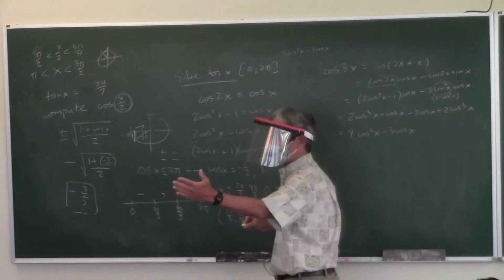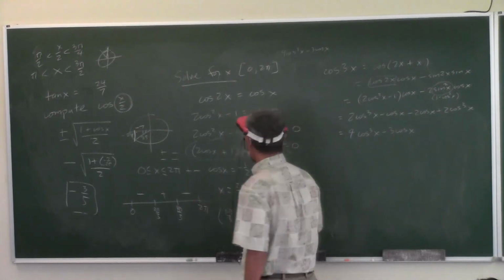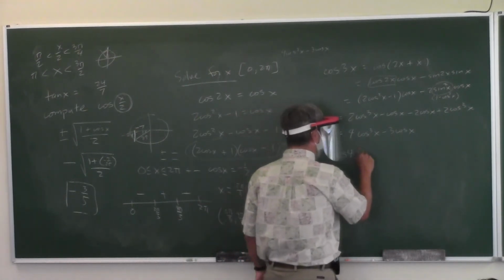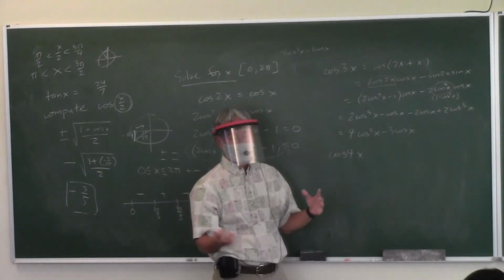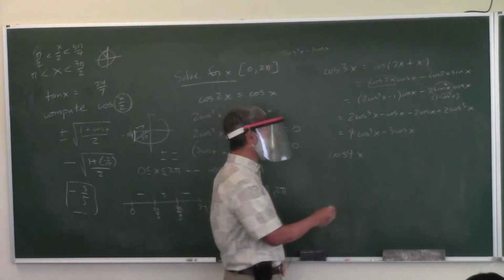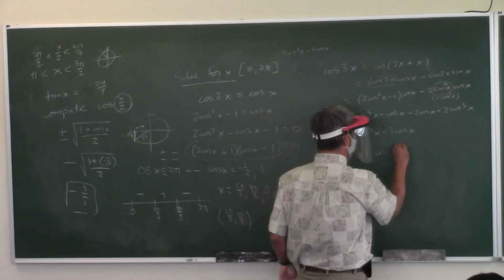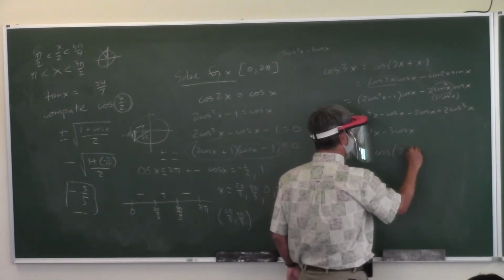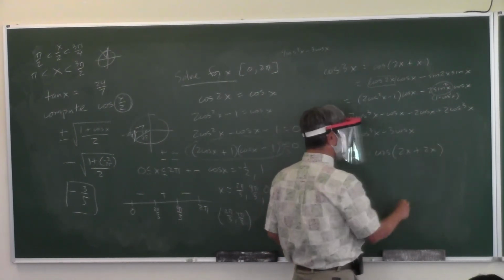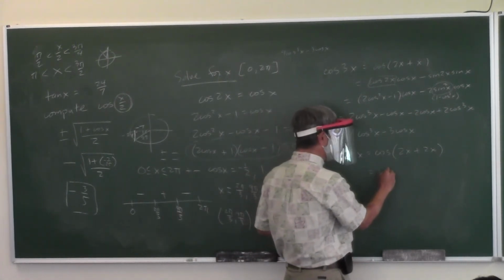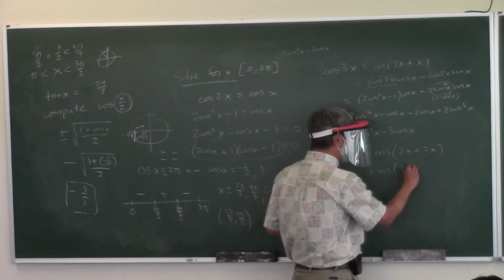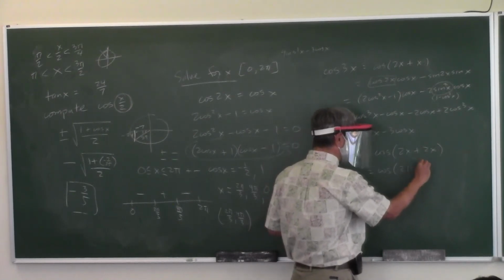Okay, so tonight's homework, I'm not gonna do it for you, I'm gonna start you on it. Cosine 4x. Now there's actually an infinite number of things you can do. But the two most common ways would be to either go 2x plus 2x, or the more sophisticated 2 times 2x.